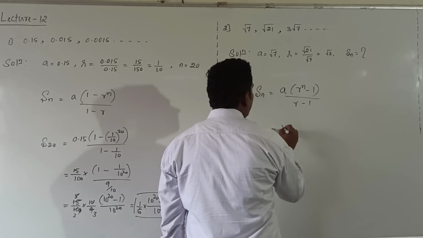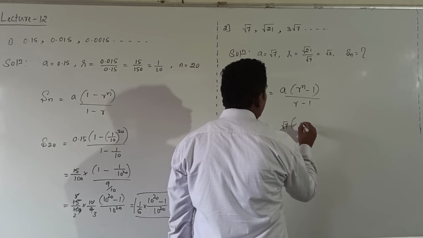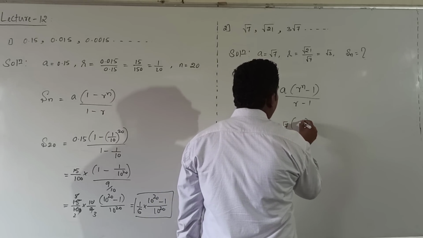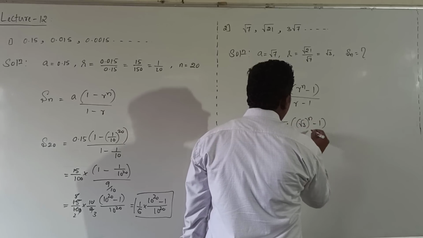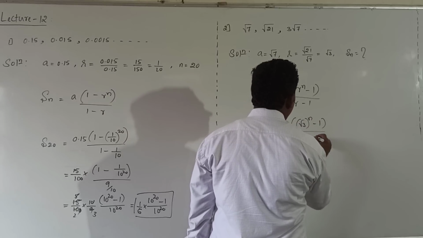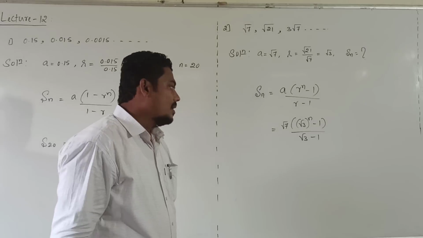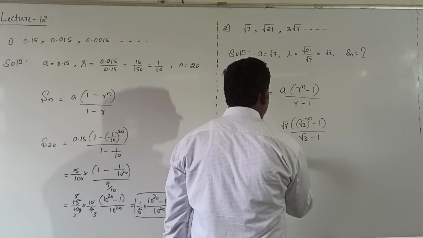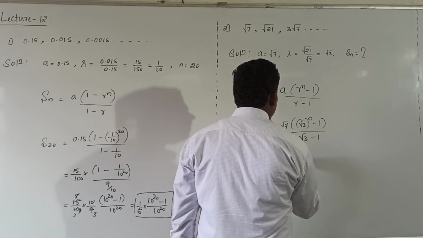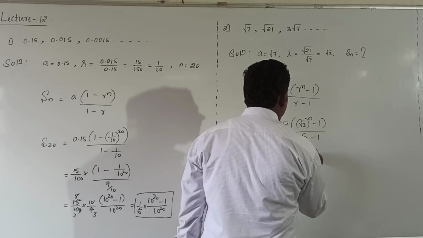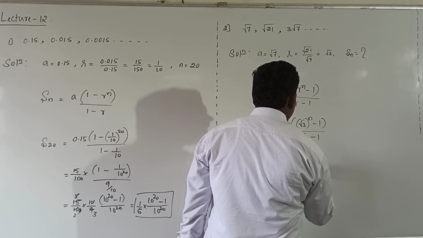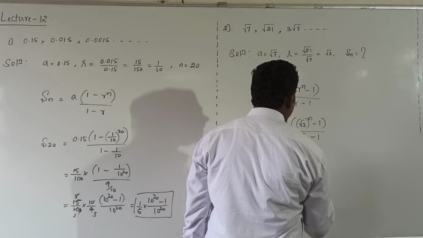What is a value? a is root 7 into, what is r value? Root 3, whole thing power n minus 1, divided by root 3 minus 1. That's equal to root 7 into root 3 power n minus 1 divided by root 3 minus 1.